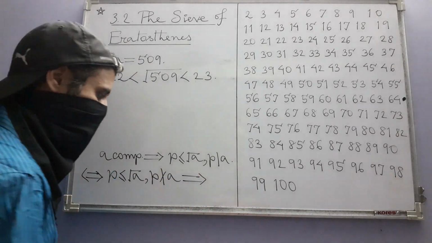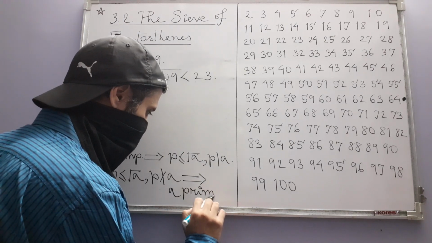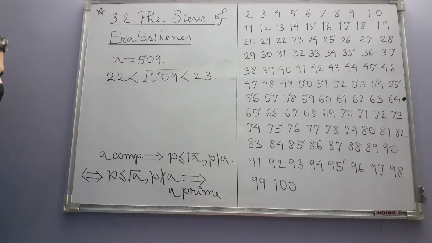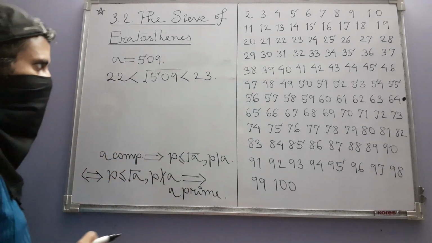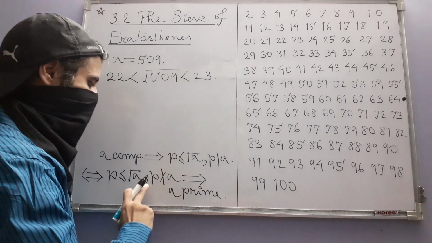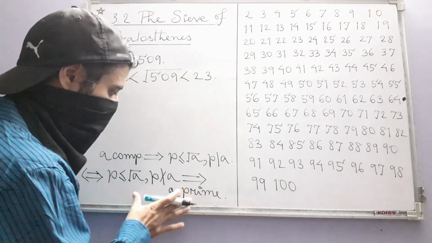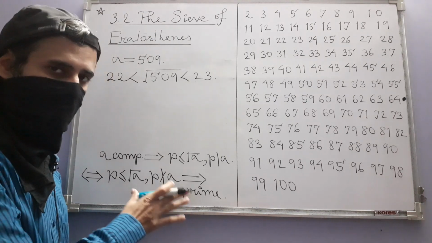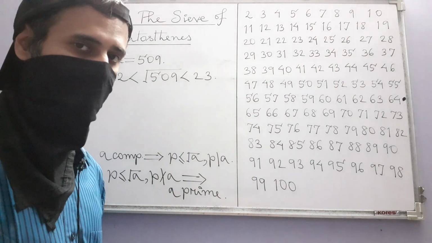A is not composite, that means A is prime. So if we now look at the primes that do not exceed this and none of them turns out to divide 509, then we would conclude from this contrapositive that 509 is then a prime.